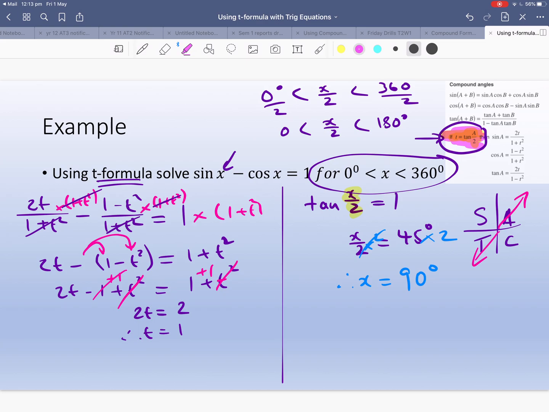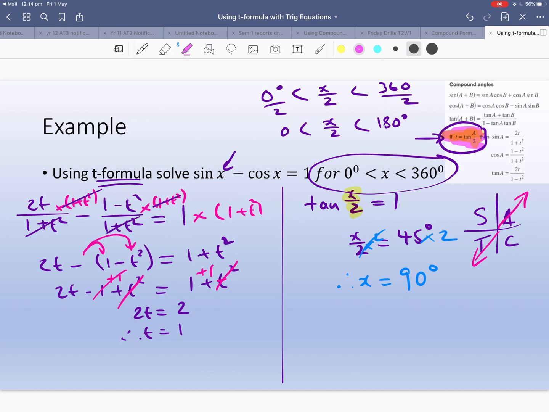For example, if we go tan 90, what do we get? We get an error, okay?